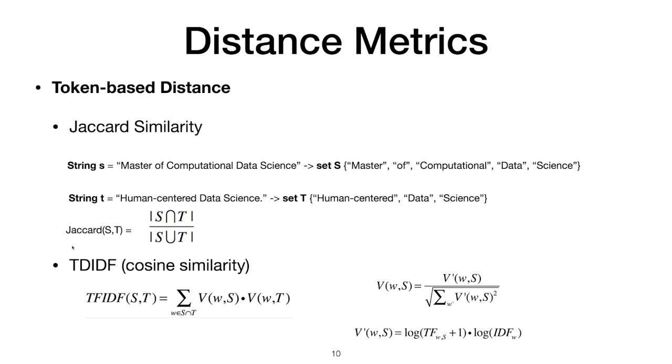Then, Jaccard similarity will simply compute the size of the intersection set between s and t divided by the size of the union set between s and t. While for TF-IDF or cosine similarity, we will use the TF-IDF score of words in the intersection set between s and t to calculate the distance between string s and string t.